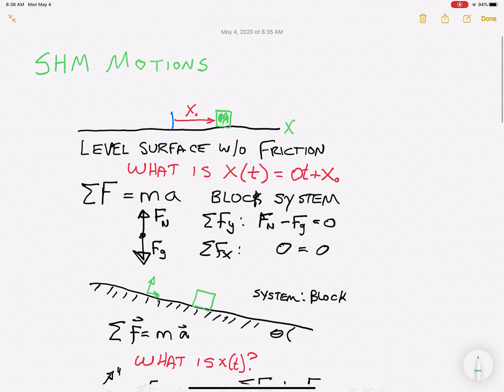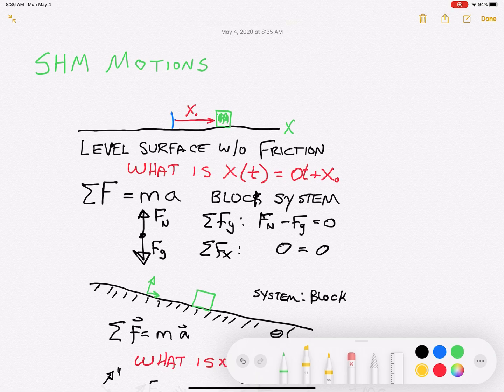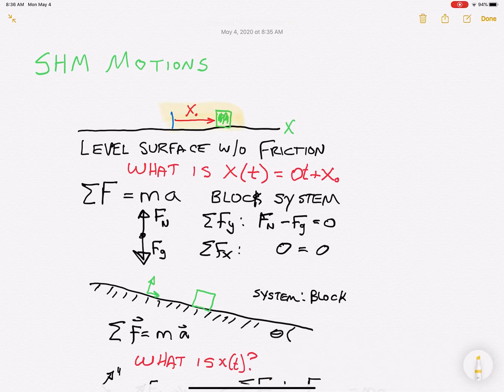So in all of these cases, from the very simple and trivial case, wherein we had just a block at rest without any forces on it, which gave us an x of t, which we knew would be just, it's sitting there, so whatever value it has at x naught, over time it's going to keep that value, so we put a 0 in front of time.